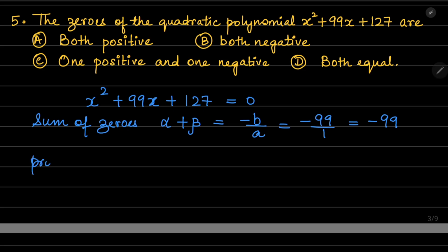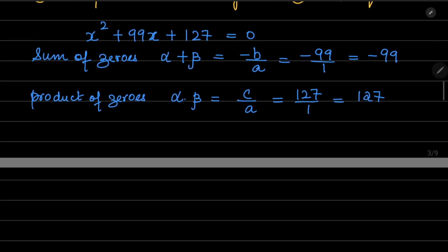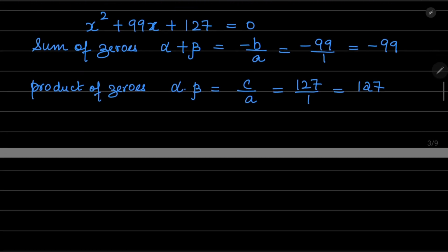Product of the zeros, alpha into beta, will be c by a. What is c? 127, and a is 1. So 127. Now, there are two scenarios which are possible.